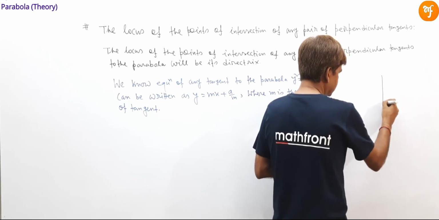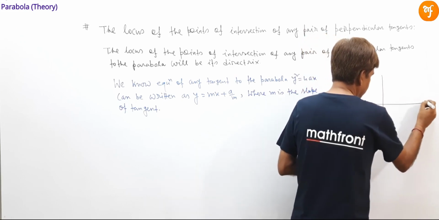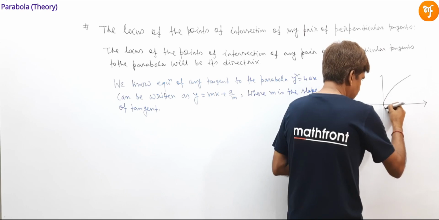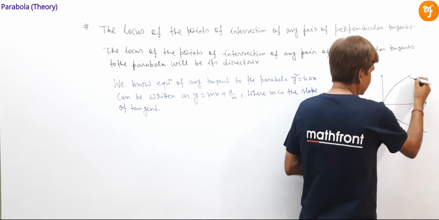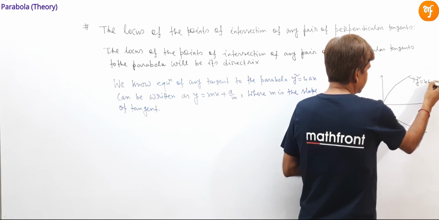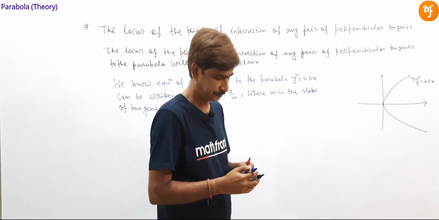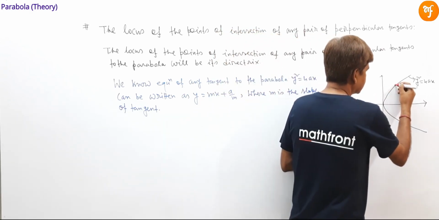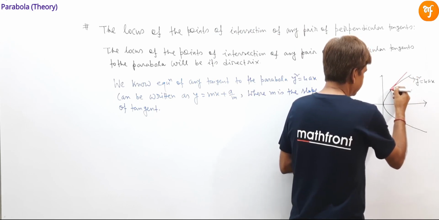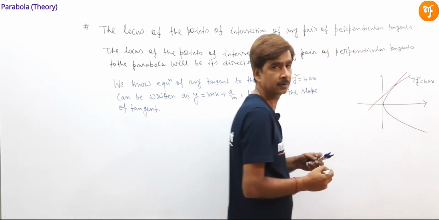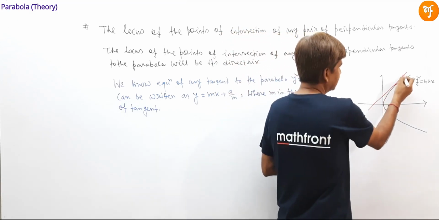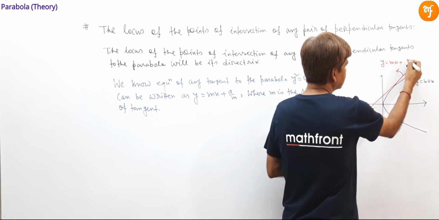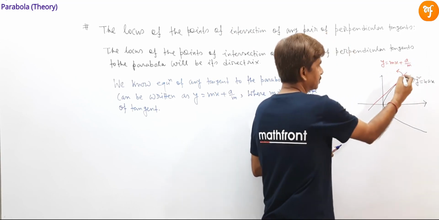Suppose this is the parabola whose equation is y square is equal to 4x. Okay. So if we draw any tangent to this parabola, the equation of this tangent can be written as y is equal to mx plus a by m if its slope is m.